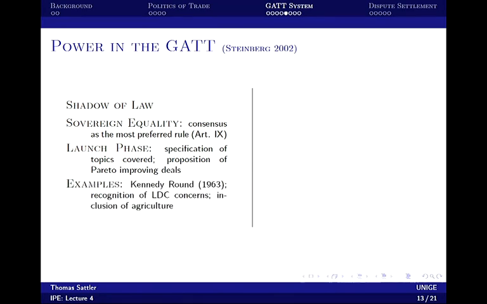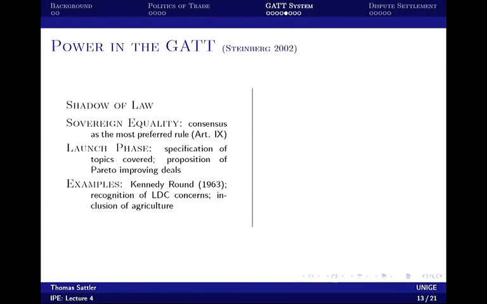An example is the launch of the Kennedy round in 1963, where the US, which was the most important player at the time, explicitly acknowledged the interest of the least developed countries, the LDCs, and said, yes, we should also talk about agriculture, because that's already still very much excluded from the WTO rules, and it's of great interest to developing countries.